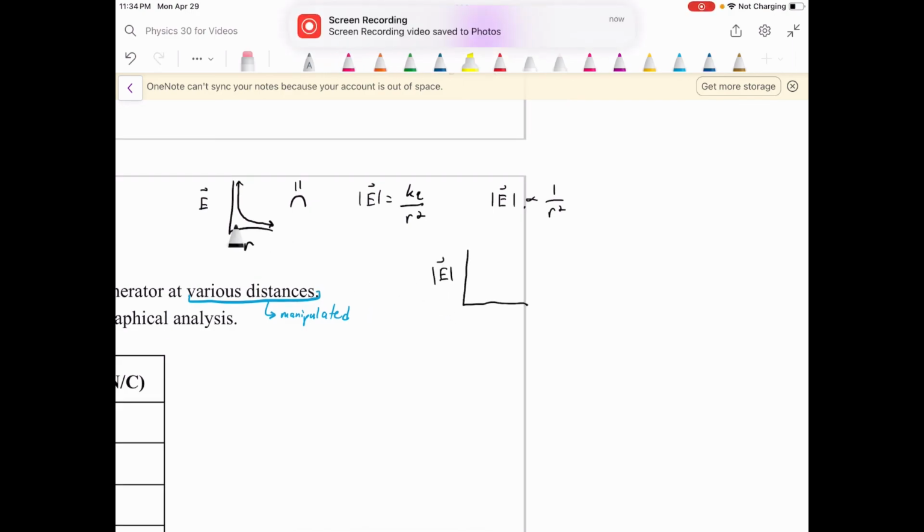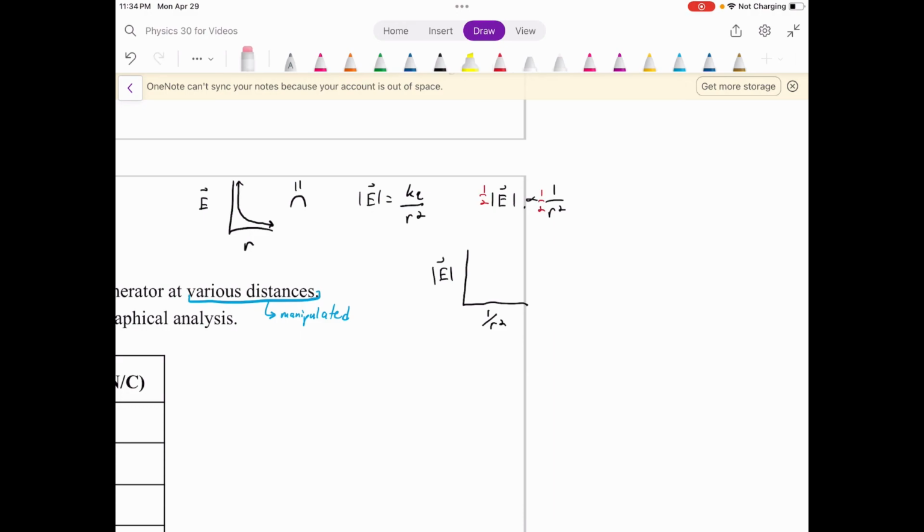Not electric field as a function of r, but electric field as a function of 1 over r squared, the inverse of the separation distance squared. And look, if I double 1 over r squared, I double the electric field. If I triple 1 over r squared, I triple the electric field. If I cut it in half, I cut this in half.